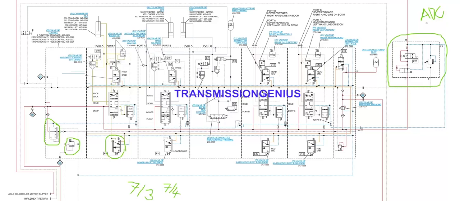Okay, this is axle oil cooler. This valve will help reduce the pressure coming to the control valve when you want to supply the cooler motor. This reduces the pressure.